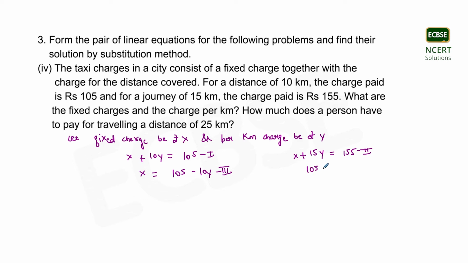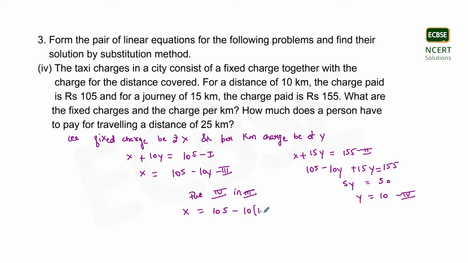Substituting it, 105 minus 10y plus 15y is equal to 155, or 5y is equal to 50, where y value comes out to be equal to 10. Let this be equation 4th. Now put 4th in 3rd, that is, substitute the value of y in 3rd equation. Substituting it, x comes out to be equal to 105 minus 10 into 10, or 105 minus 100, which is equal to 5.